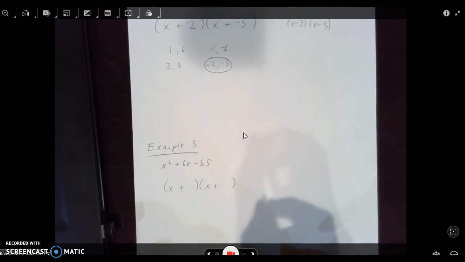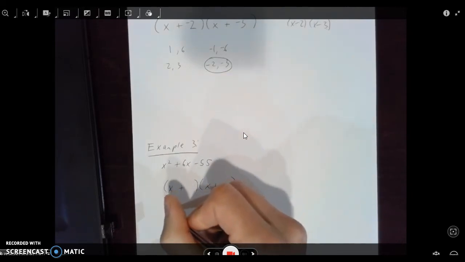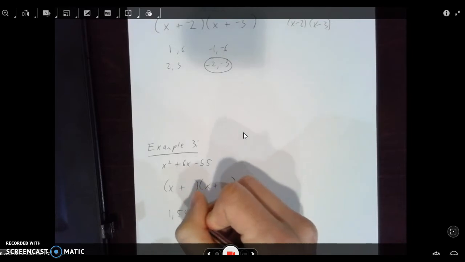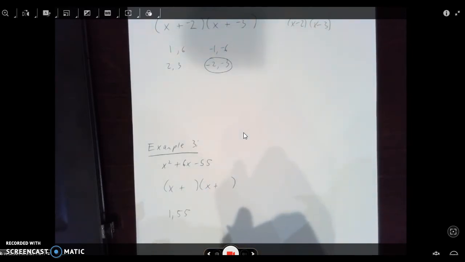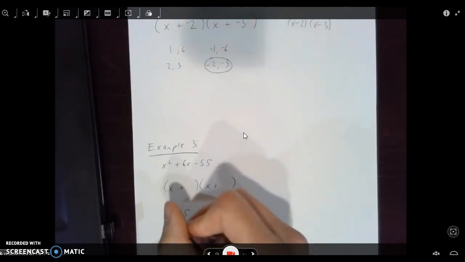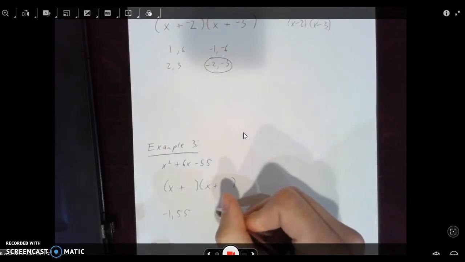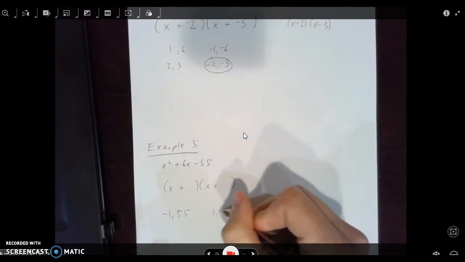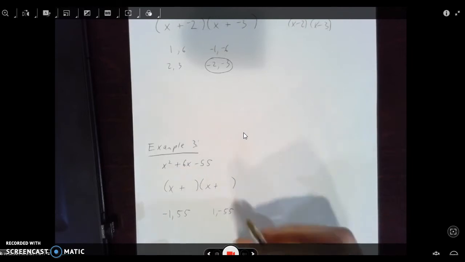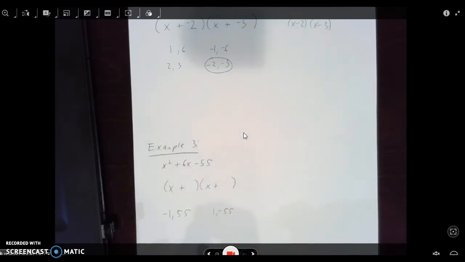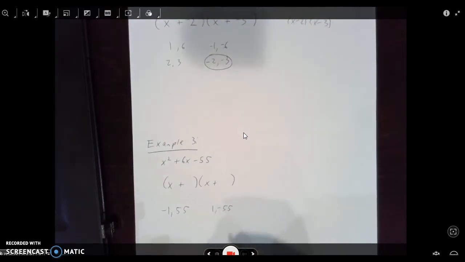So first let me think of ways to multiply to 55. 1 and 55. So to get negative 55, I would either have to have negative 1 and positive 55, or 1 and negative 55. Neither one of those is going to add to 6, so that's not going to work.